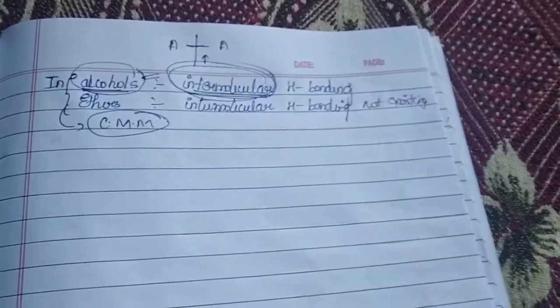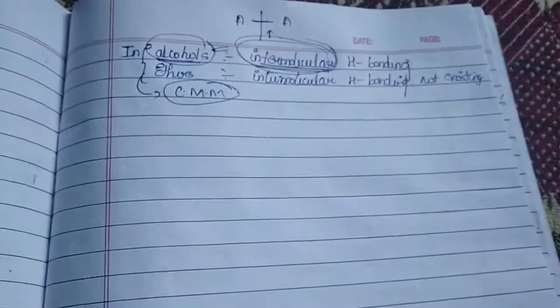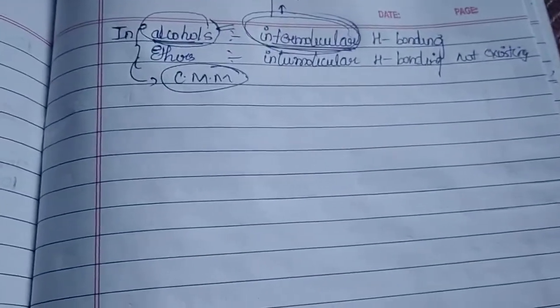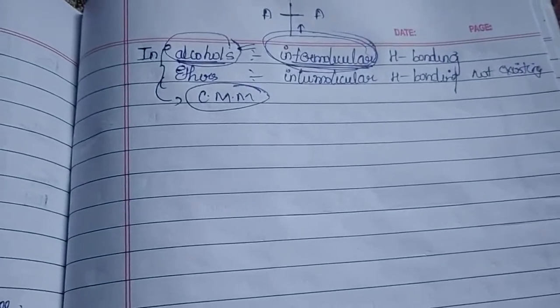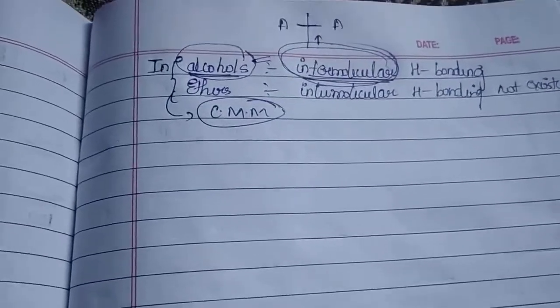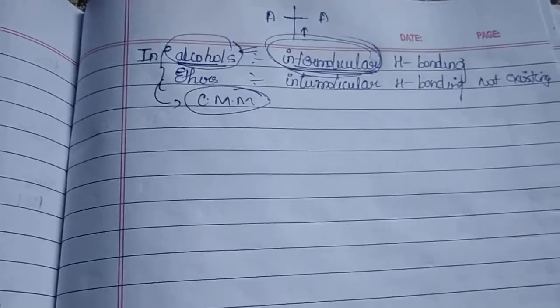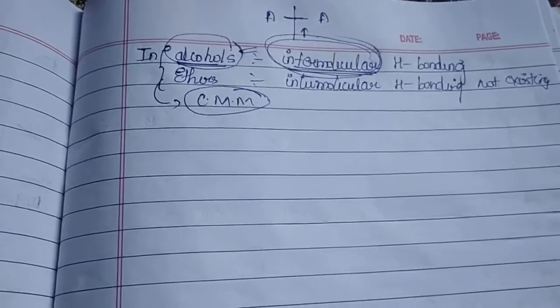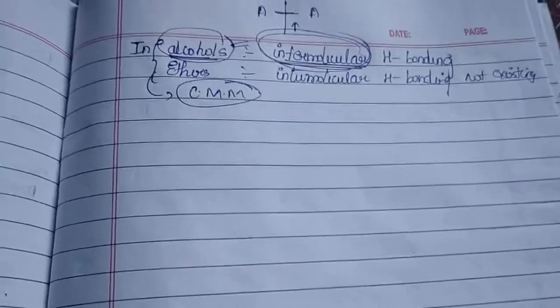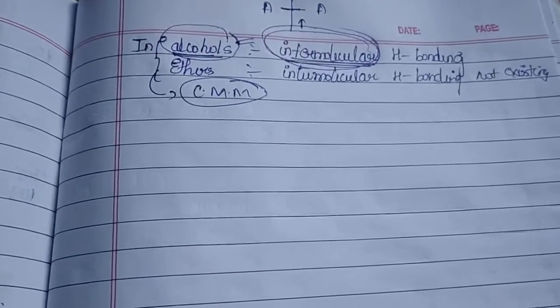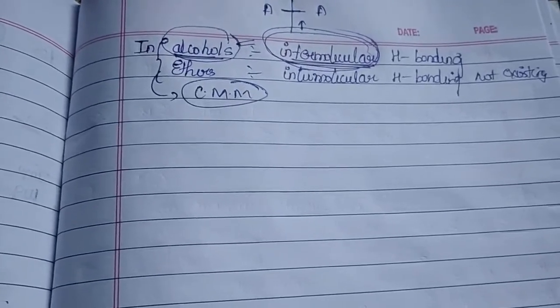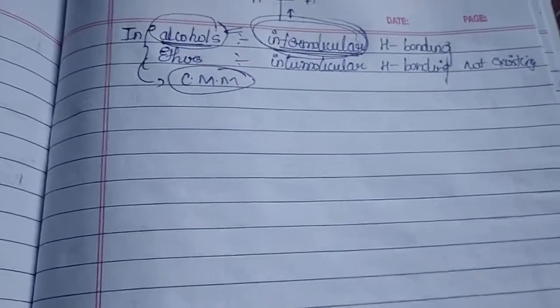Is that clear? Okay. So what we came to know with respect to the boiling point is that compared to alkanes and ethers of comparable molecular mass, both will be having nearly the same boiling point. But when you compare ethers and alcohols of a comparable molecular mass, which one will be having the highest?